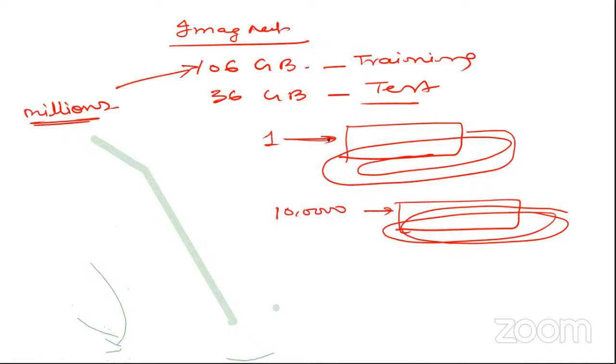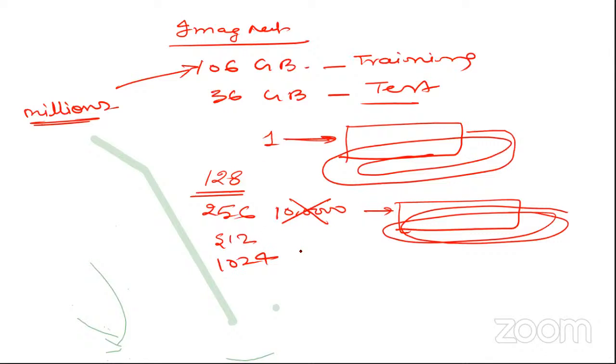If you go with one sample in each iteration, it will take too much time for optimization, and millions of images cannot be passed at once. So based on your memory size, you pass 128 samples, or 256, or 512, 1024.